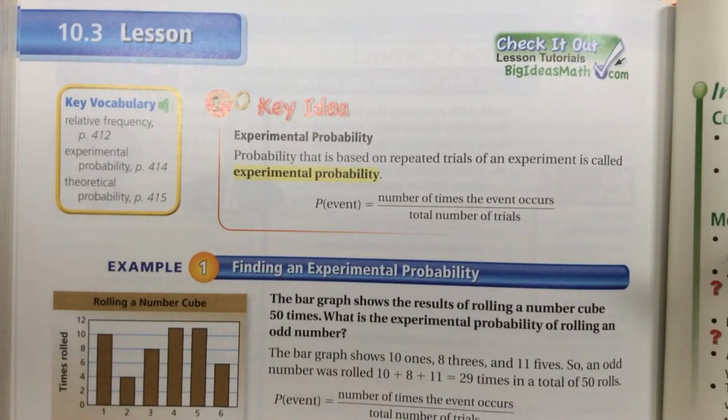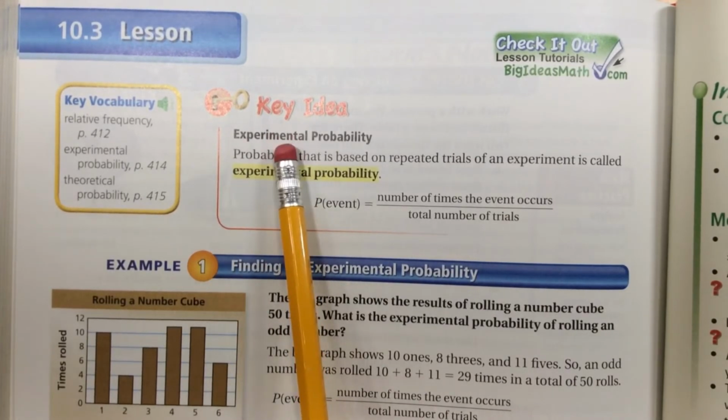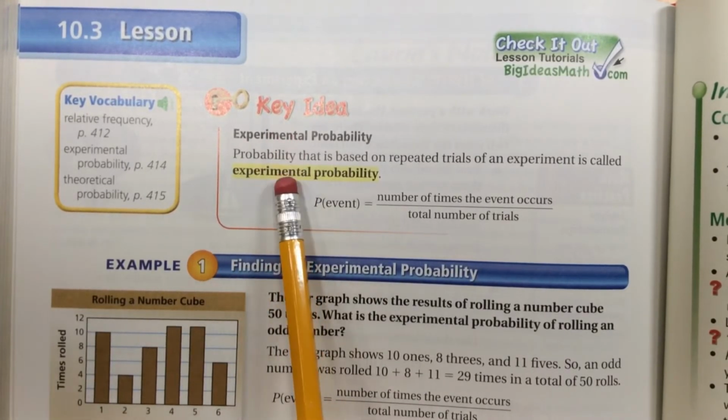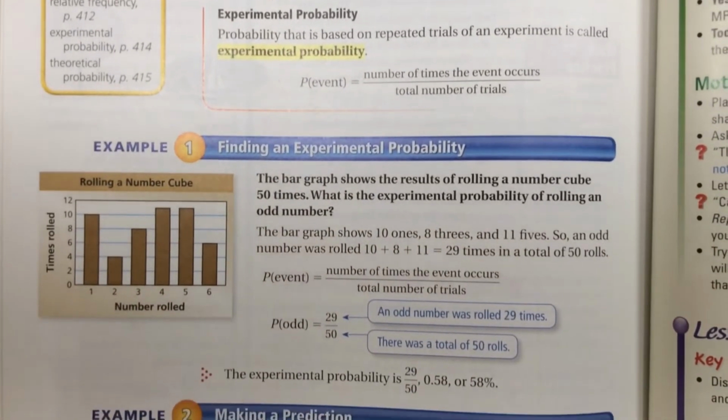In fact, we could flip heads many, many times in a row or none for a while because we're getting tails many times in a row. We know that's reality. So experimental probability means we are actually running the experiment. So that's an easy way to remember.